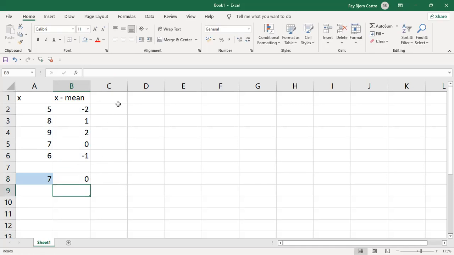However, the next part is we have to square each result. So, that means ito, -2 squared. Then, I want you to get the summation para mabilis. After nyo ma-square yung bawat isa, you add. So, what should be the result here?